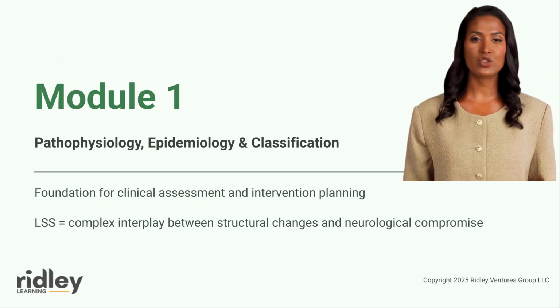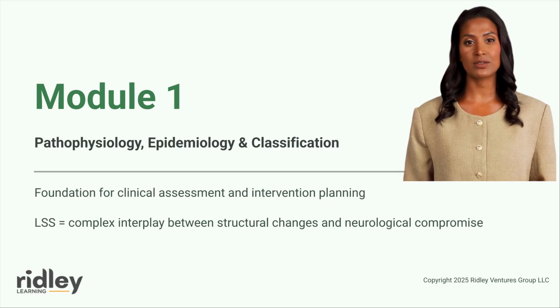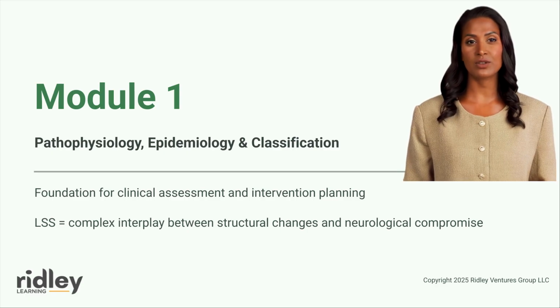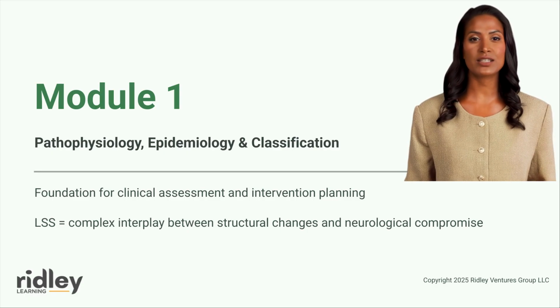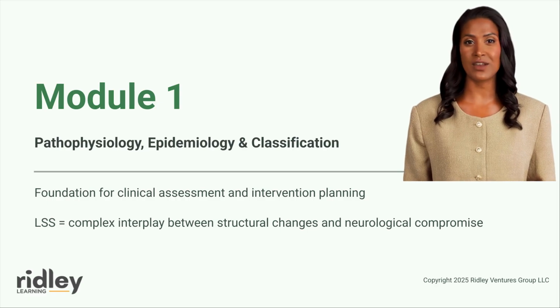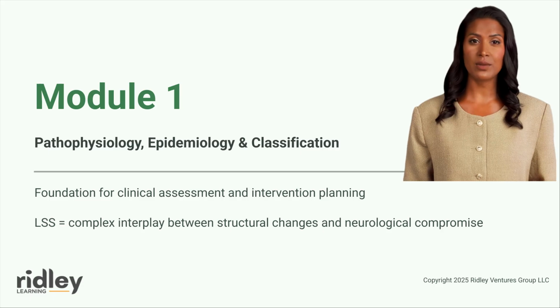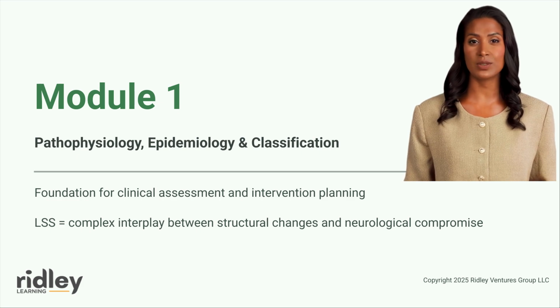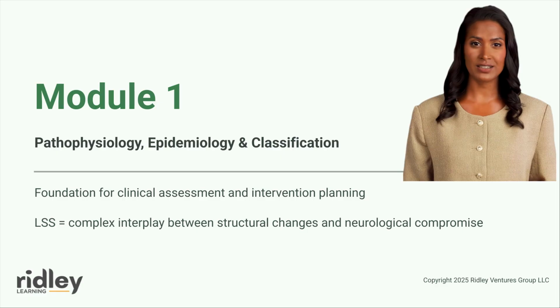Let us now begin Module 1, which covers the pathophysiology, epidemiology, and classification of lumbar spinal stenosis. Lumbar spinal stenosis represents one of the most common and clinically significant degenerative conditions affecting the aging spine. As populations worldwide continue to age, rehabilitation professionals encounter this condition with increasing frequency across all practice settings.